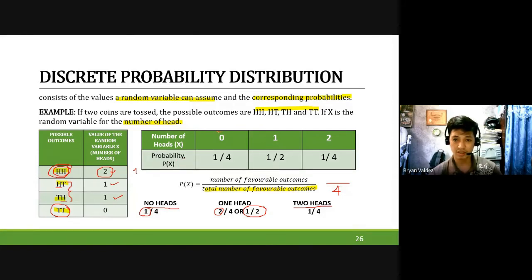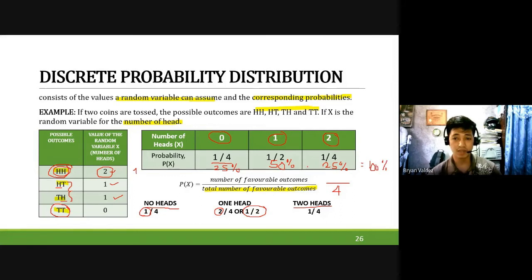So pag walang head, ang chance ay 1/4 or 25% or 0.25. Pag merong isang head, that's 50%. And then kapag dalawa yung head, ang lalabas ay 1/4 or 25%. So pag pinag-add natin yan, 25 plus 50 plus 25, that is equivalent to 100%. Okay?